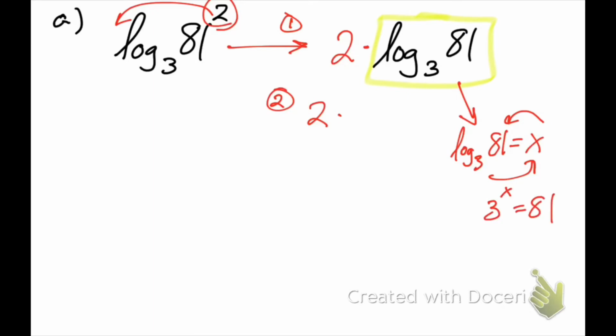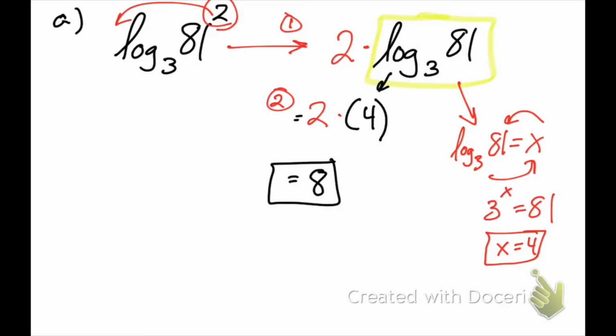Well, that is going to give me x equals 4. So this logarithm, this one here, is equal to 4. So I'm not done yet, so all I'm going to do is take that logarithm, and since it's equal to 4, I'll do 4 times 2, and I'll get 8. And that is my answer right here.